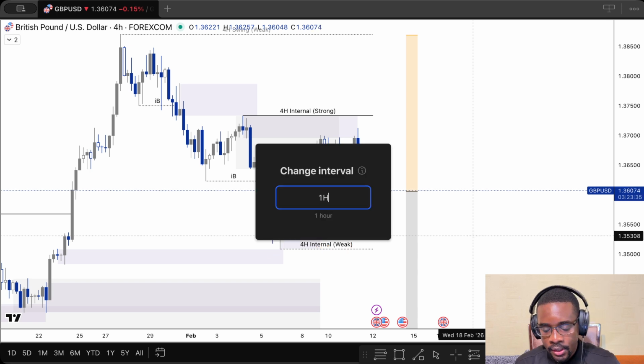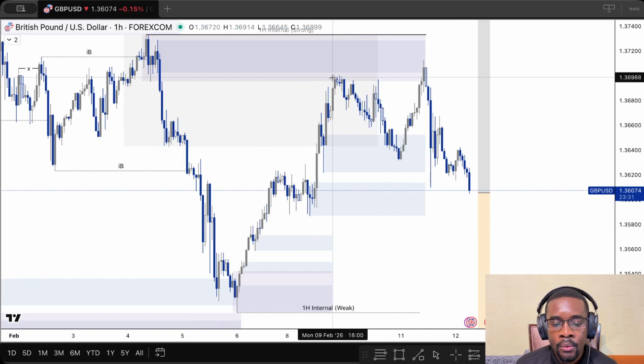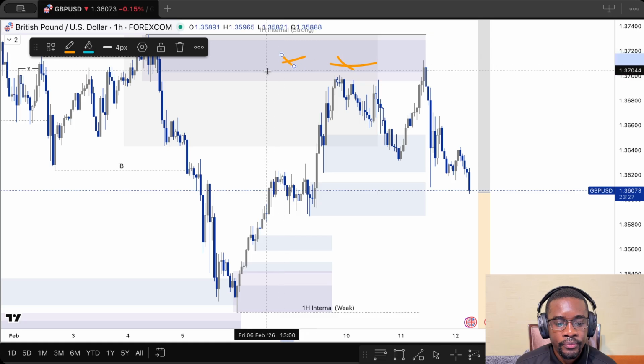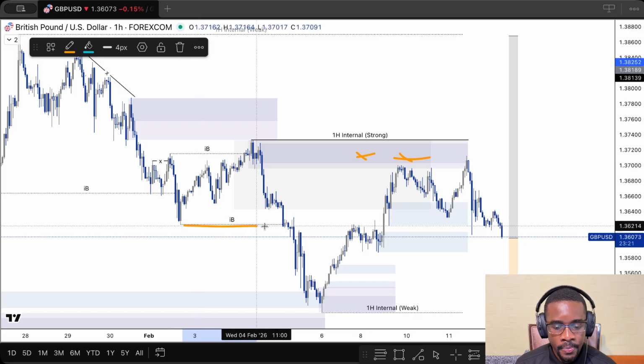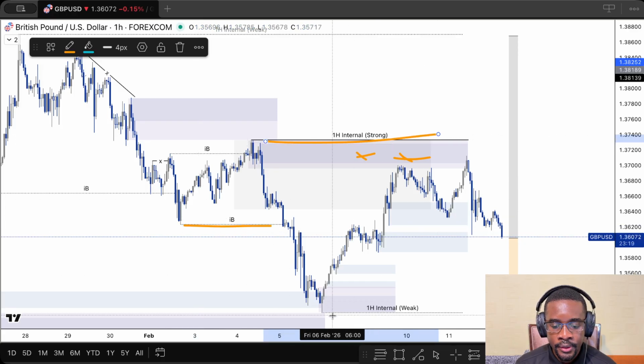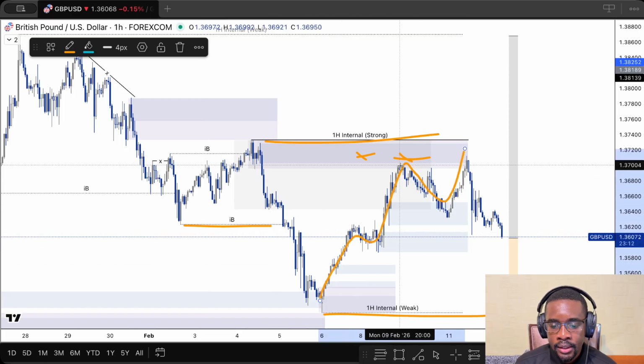So looking at the 1 hour, this is what we have. We mitigated the extreme. Okay, so 1 hour swing, 1 hour internal is bearish. This has been our internal trend, our internal range, sorry, is bearish. This was a pullback.